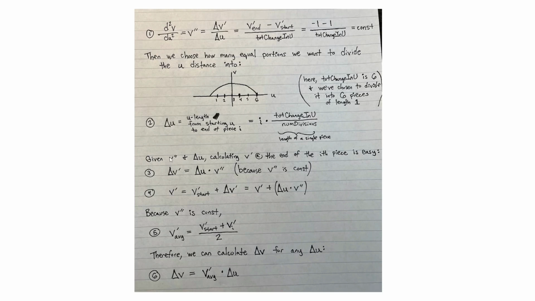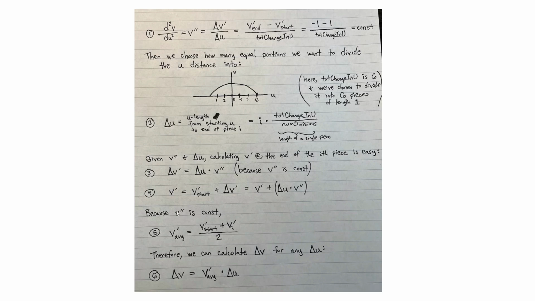So I'm just arguing that we can calculate this easily, and we can also calculate the delta U's easily. So we can calculate the change in the first derivative. That's just going to be the second derivative times the change in U. And we can also calculate, therefore, the derivative itself, because we just add the change in the derivative to whatever it started at.